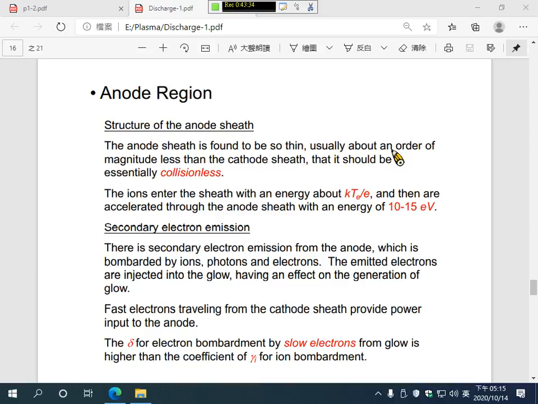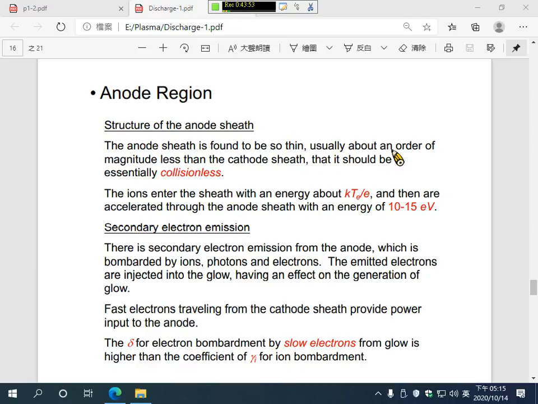And the anode surface will be bombarded by these ions because they are accelerated by the sheath voltage, about 10 to 15 electron volts.